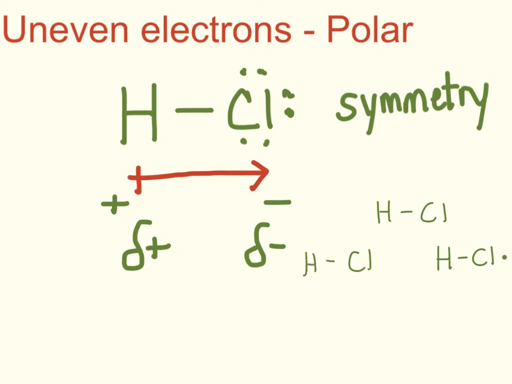The positive hydrogen end lines up close to the negative chlorine end, and it forms this framework where we've got positive and negative ends lined up, like electricity is holding it together. Think about magnets again, where the opposite poles attract each other. So the more positive hydrogen end is going to attract the more negative chlorine end of the next hydrogen chloride molecule.